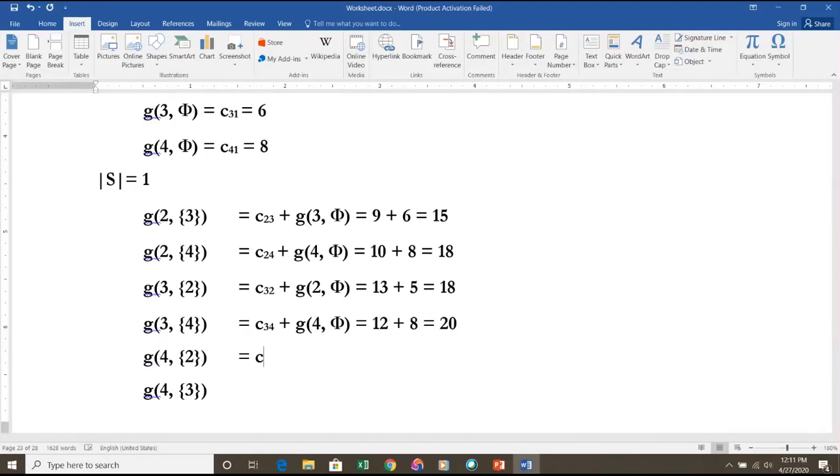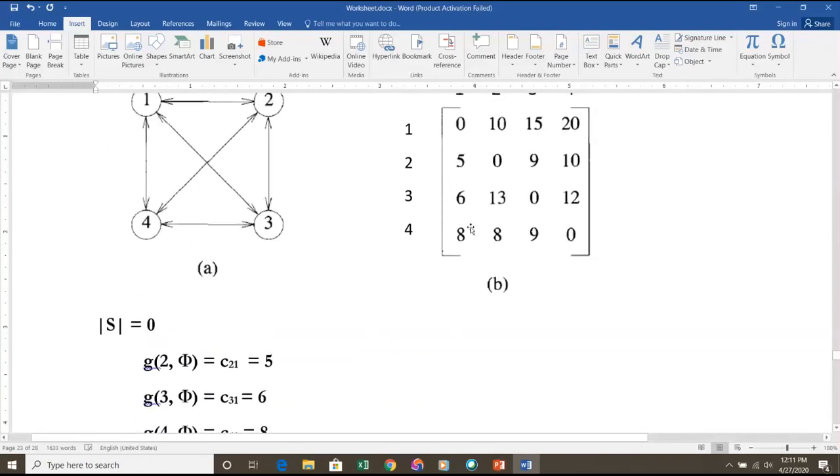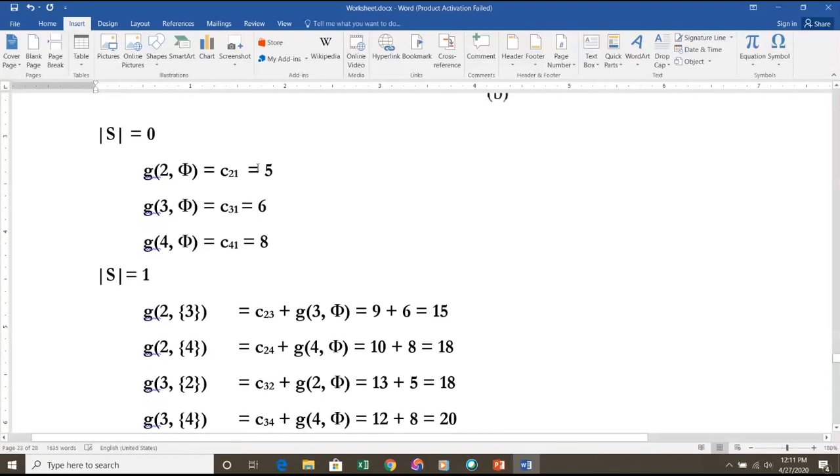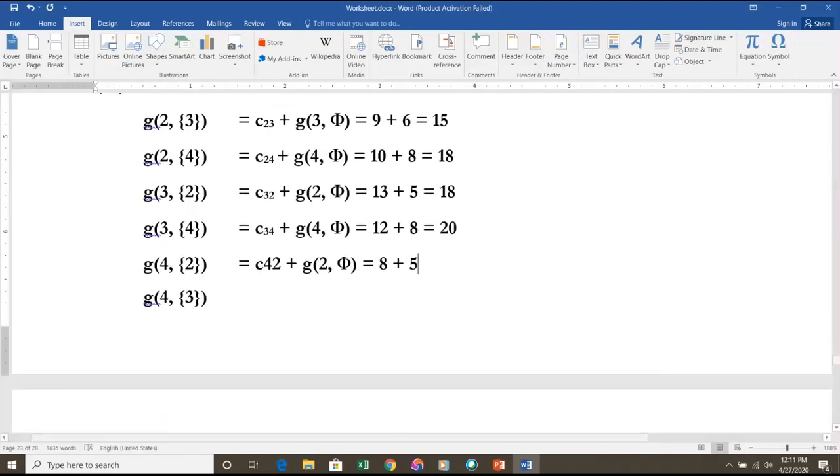C of 4 comma 2 plus g of, start from 2 now, 5. What is 2 comma 5? You can see here it is 5. 8 plus 5 is equal to 30.